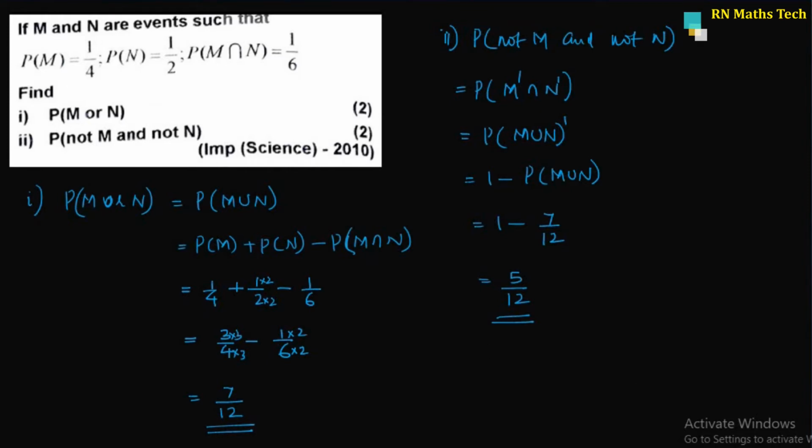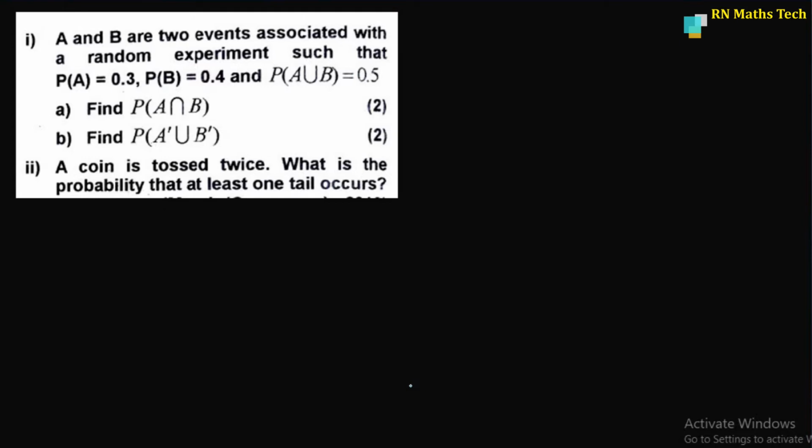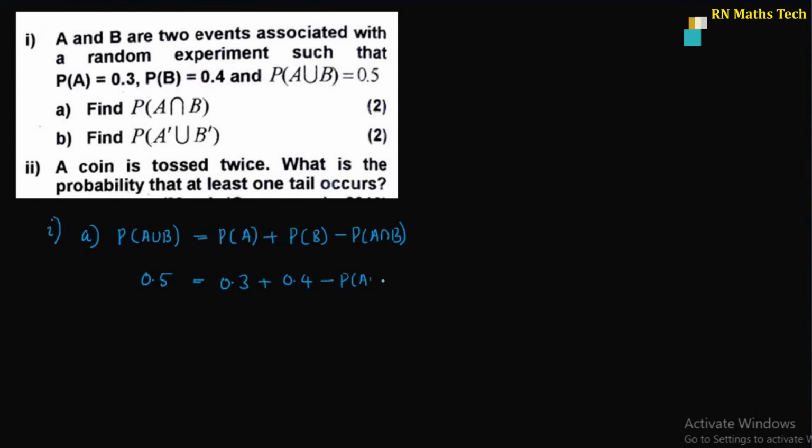Okay. Next one. If A and B are two events associated with a random experiment such that P of A is 0.3, P of B is 0.4 and P of A union B is 0.5, then find P of A intersection B. First one, a part, P of A union B is equal to P of A plus P of B minus P of A intersection B. P of A union B is 0.5, equal to 0.3 plus 0.4 minus P of A intersection B. That is 0.5 is equal to 0.7 minus P of A intersection B. Therefore, P of A intersection B is equal to 0.7 minus 0.5, that's equal to 0.2.